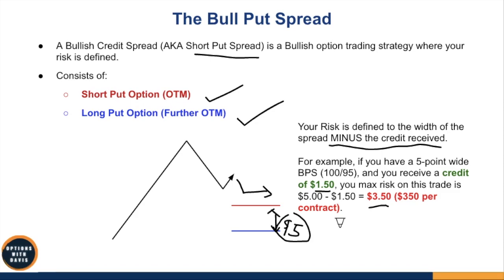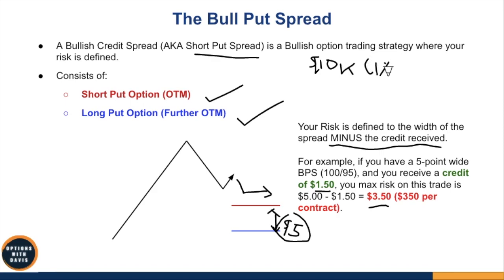I've got a lot of questions from people asking how many contracts they should put on each time they put on one of these bull put spreads. The answer really comes down to your account size and how much you're willing to risk per trade. So let's say, for example, you have an account size of $10,000. This is where you need to decide what risk you want to put on.